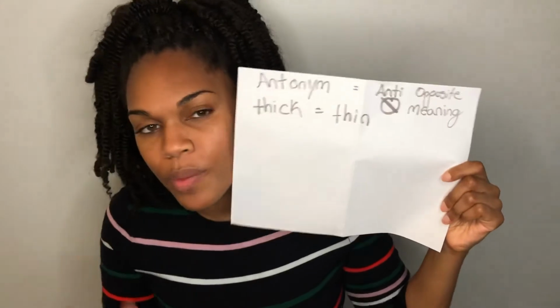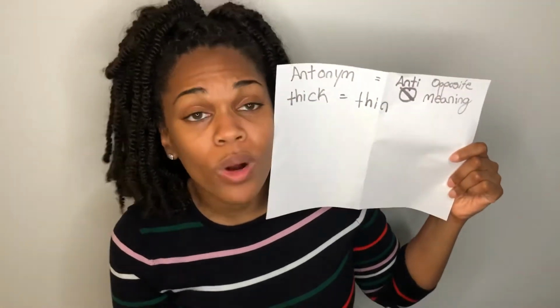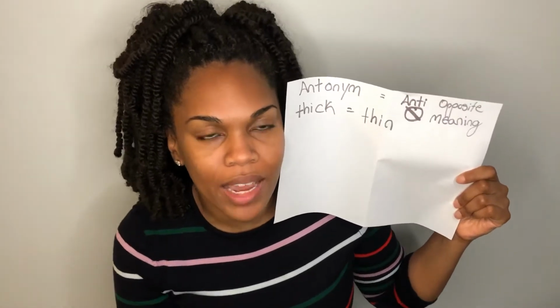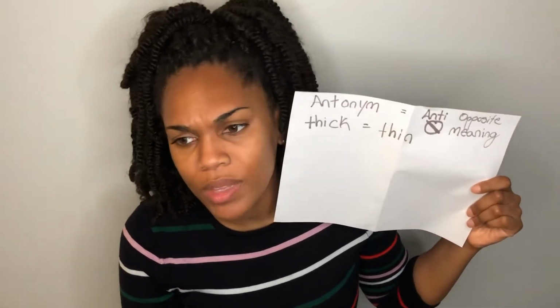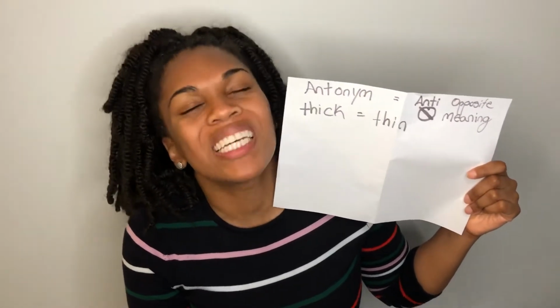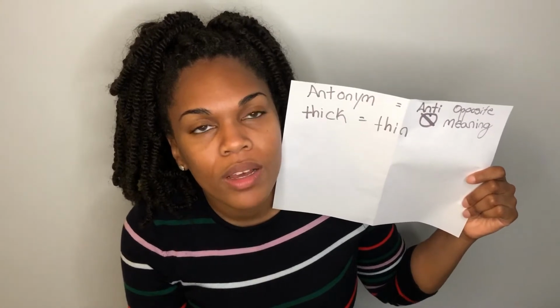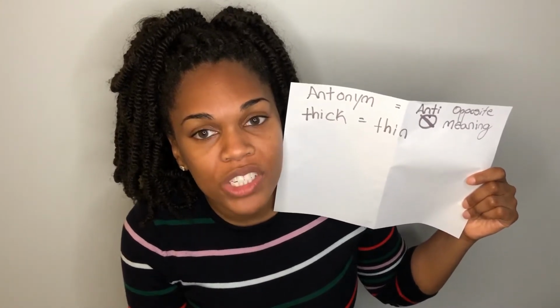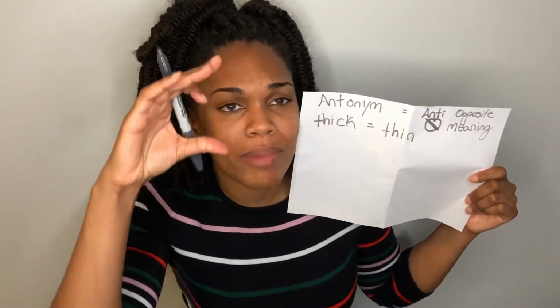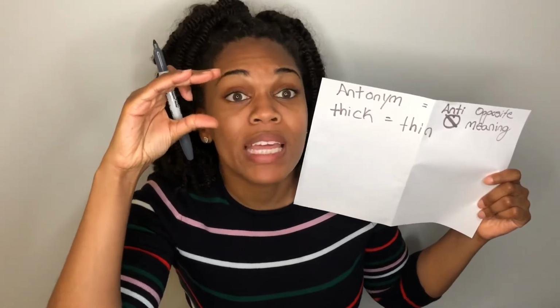It's helpful when we're thinking about antonyms or opposites in general to think about things we've seen in our everyday life. So if you're thinking about something you've seen that is thick, imagine what it would be if it was its opposite. So if I'm reading my favorite book and it has many pages, then the book would be thick.